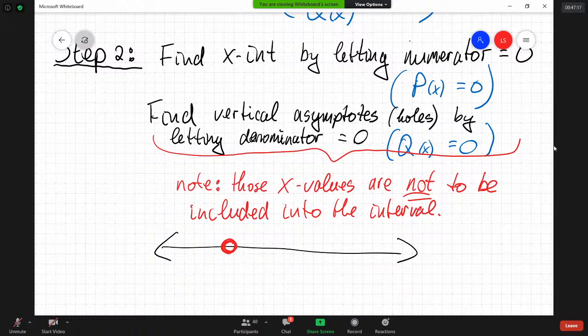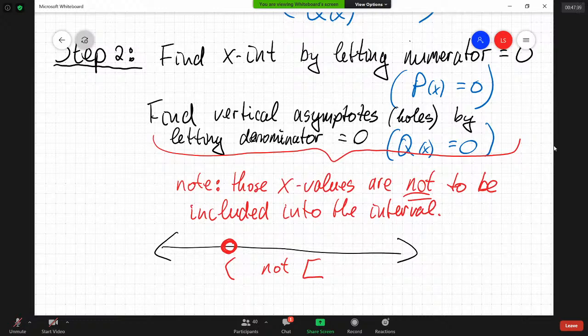It's not part of the domain, or it's a hole, which means it's the same thing. It's not a point on the function. It's not part of the domain. So those are going to be treated as holes. Therefore, when we write our interval notation, we will always have a parenthesis there, never a bracket.